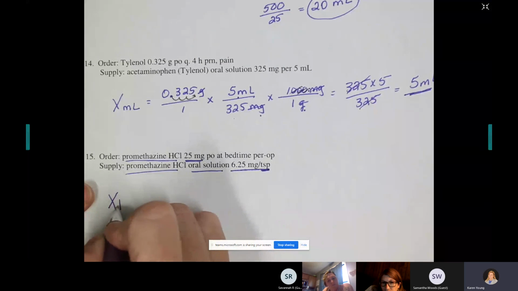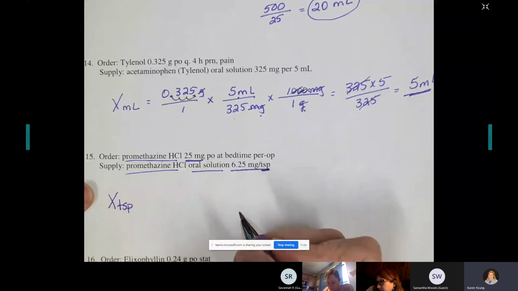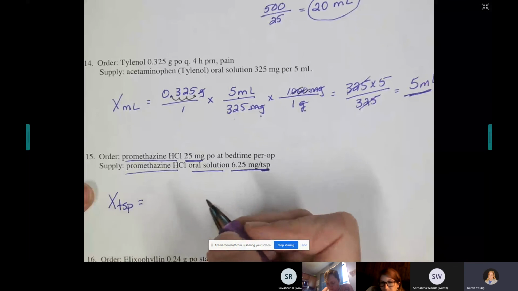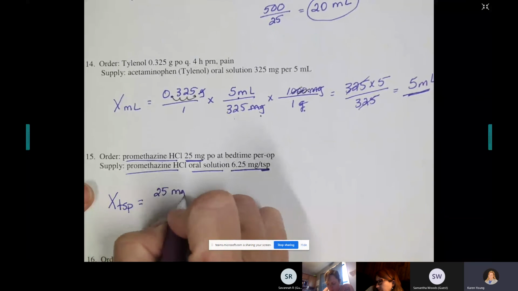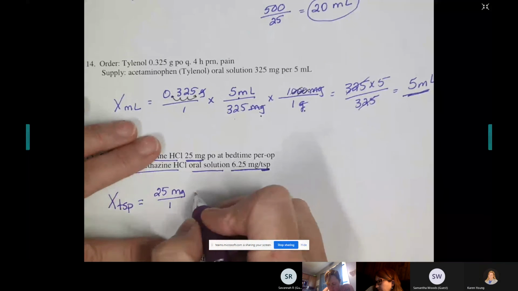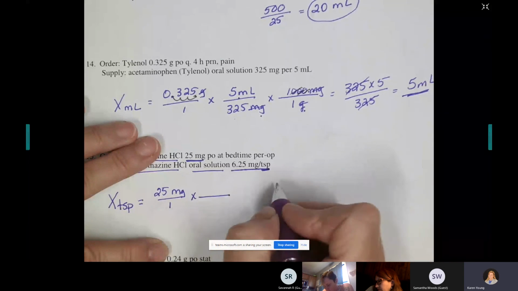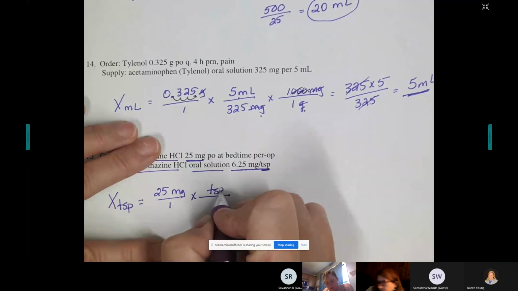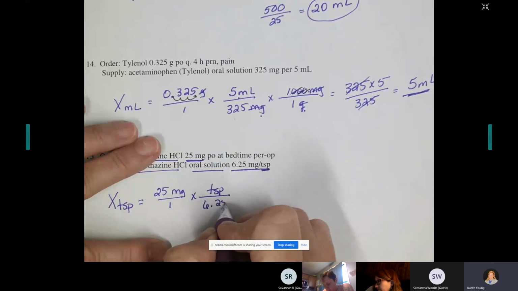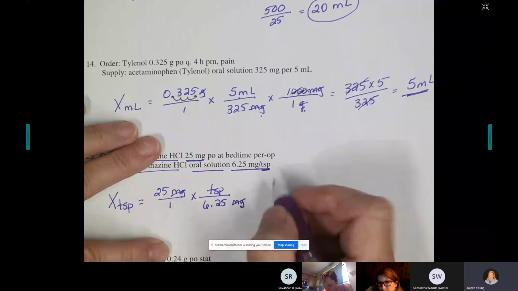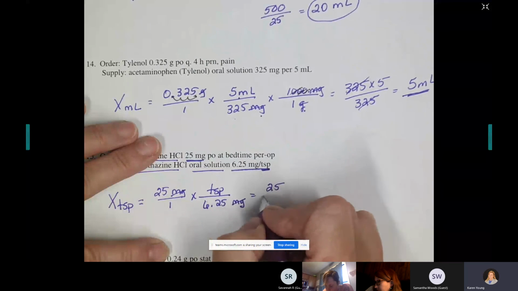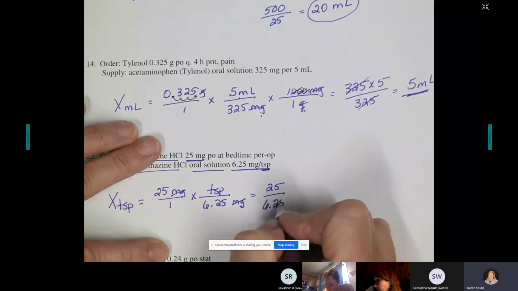So I'm looking for the number of teaspoons I'm going to give. But we set it up the same as we have been. My doctor's orders of 25 milligrams over 1 times my form, in this case it's teaspoon, over 6.25 milligrams. So I have 25 divided by 6.25.